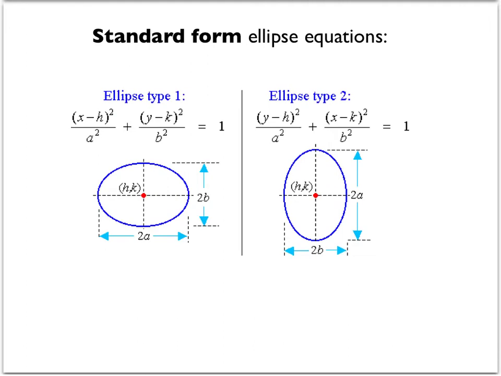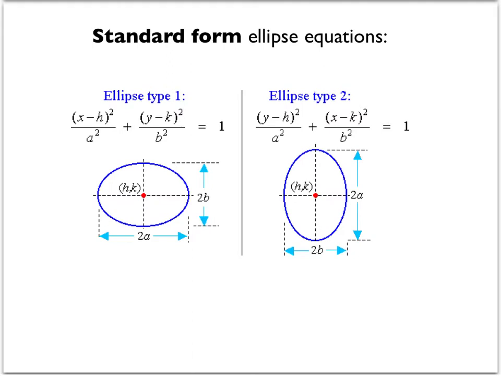Here's another picture and format of standard form ellipse equations. You can see they look pretty similar to how they did circle-wise with the x minus h's and y minus k's. Keep in mind that the major axis is represented with A and the minor with B. So when we have a horizontally oriented ellipse like this, where the longer axis is horizontal, notice that the A squared is underneath the x term.